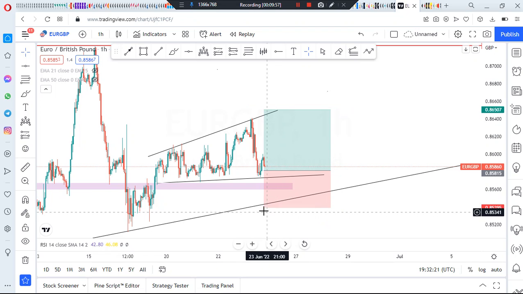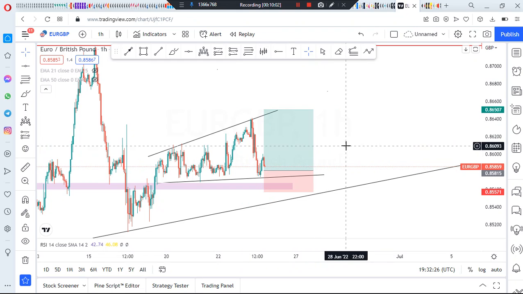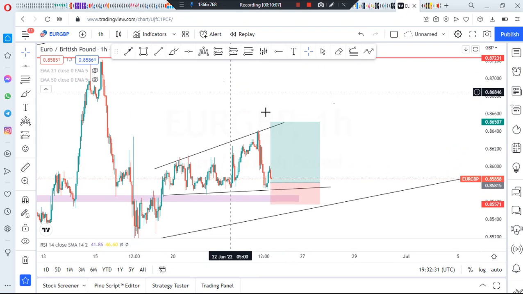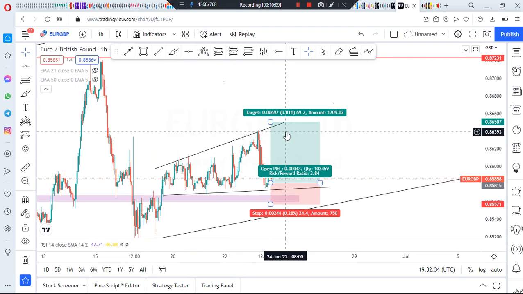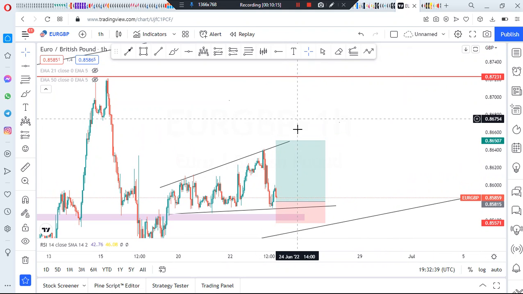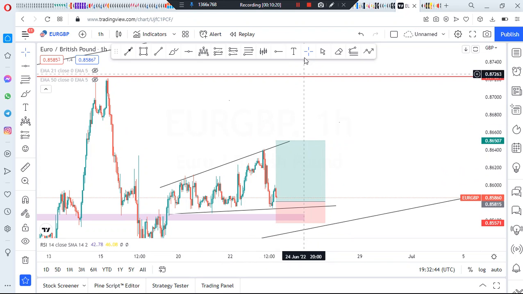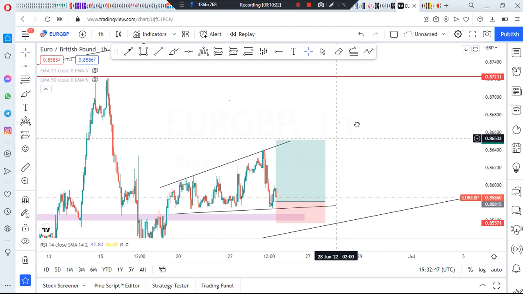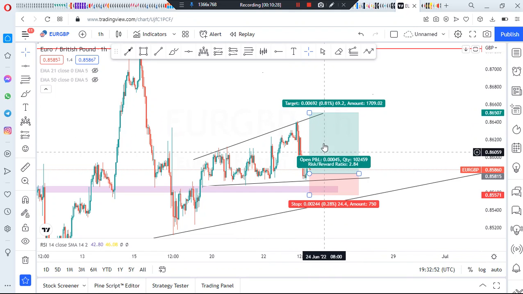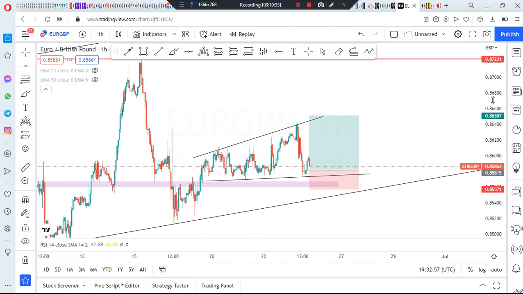And if price manages to break above this expanding channel, this top trend here, then gives us a correction or forms a sort of structure above here, then we can maybe scale in on our trades, that is, enter more positions. But for now, we are targeting this area, this much from this euro GBP trade.